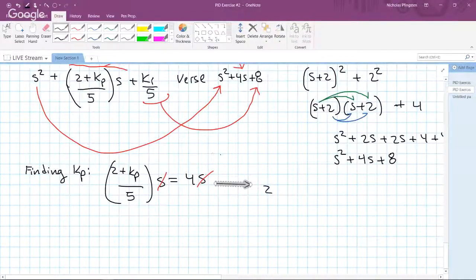And we're left with 2 plus Kp all over 5 equals 4. I can take that 5 over, and we'll have 20. 2 plus Kp equals 20, and then we'll have Kp equal to 18.